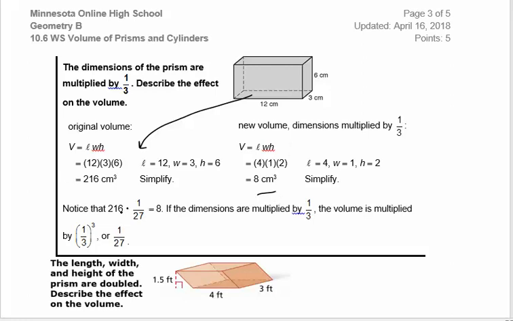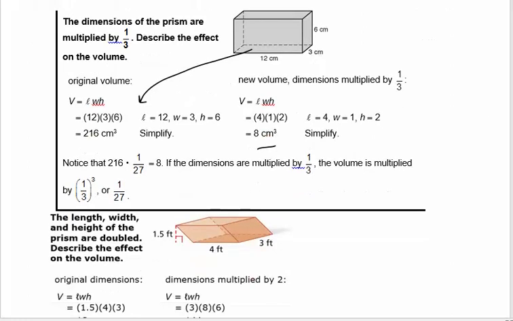So the question is, how is the volume changed? And the answer is that it's multiplied by 1/27, which is equal to 1/3 cubed. That's interesting. Remember that the original said that all the dimensions are multiplied by 1/3.